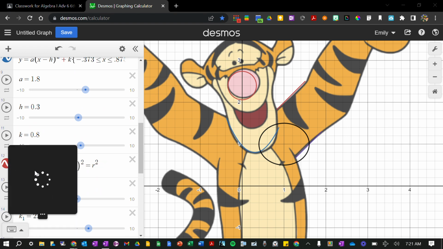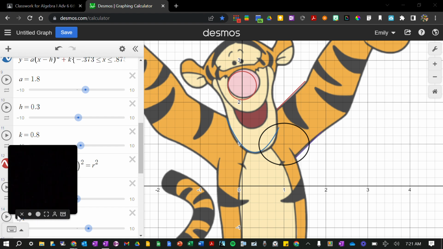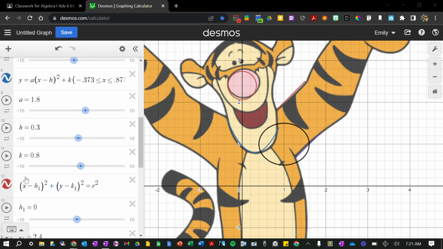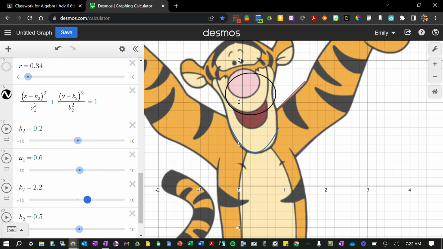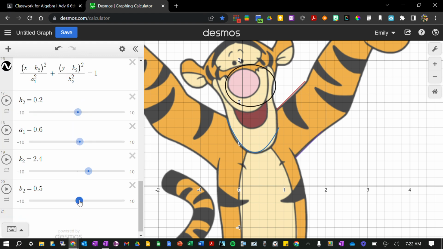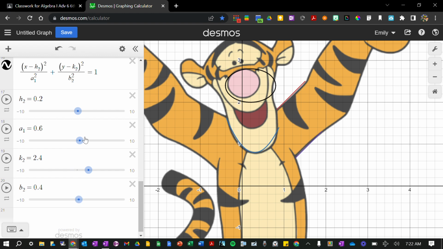Oops, if it'll let me. Go away. Here we go. Okay, and then I'm going to move it over. I'm going to move it up. And then I'm going to make it smaller. And smaller and smaller until I adjust it just how I want it.